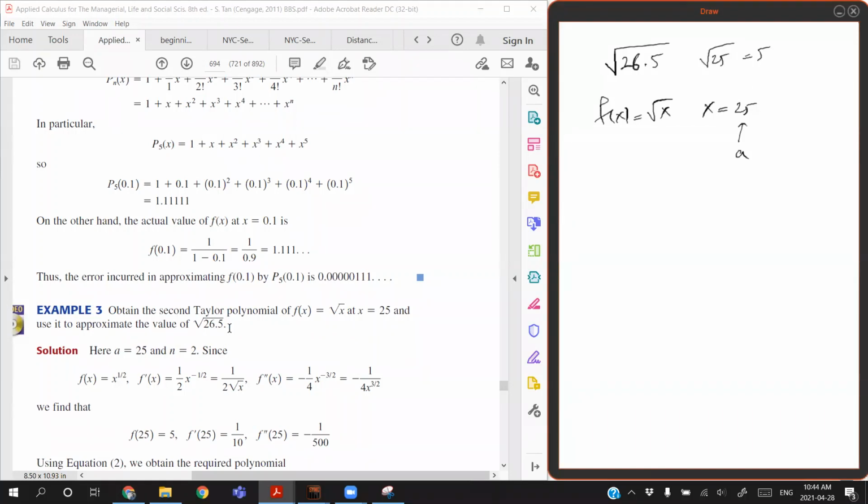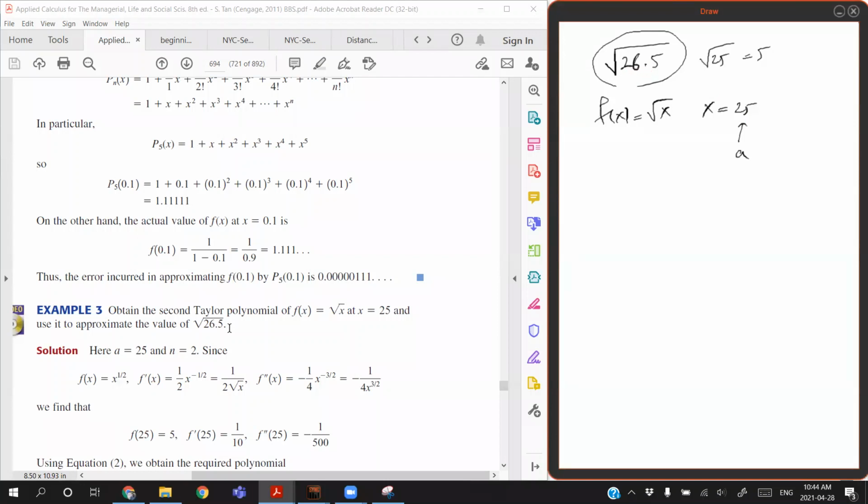So if the problem is to find an approximation for this, then it's evident that the function is going to be f of x equals root x, because it has a root of a number. And then what should that function be centered at? It needs to be centered at 25. That is, a needs to be 25, because 25 is the closest perfect square to this number.